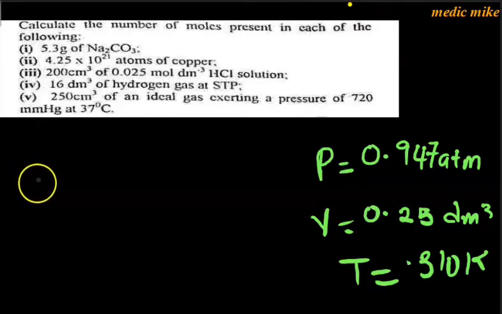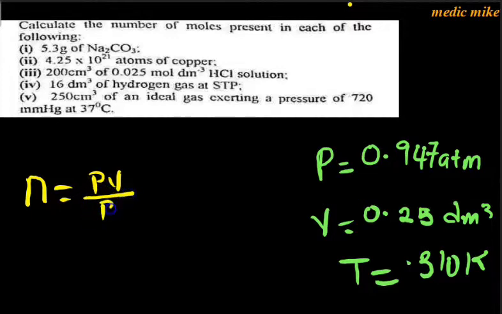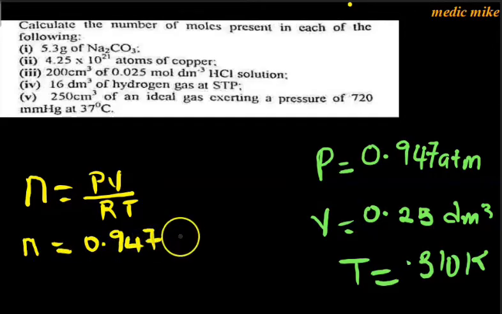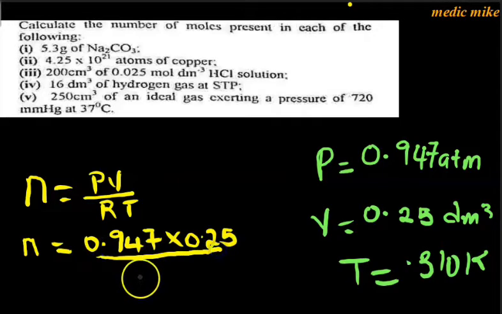So we have n equals PV over RT, where P is equal to 0.947 times V, which is 0.25, divided by our temperature, which is 310, while R is a constant, which I told you earlier is 0.0821.